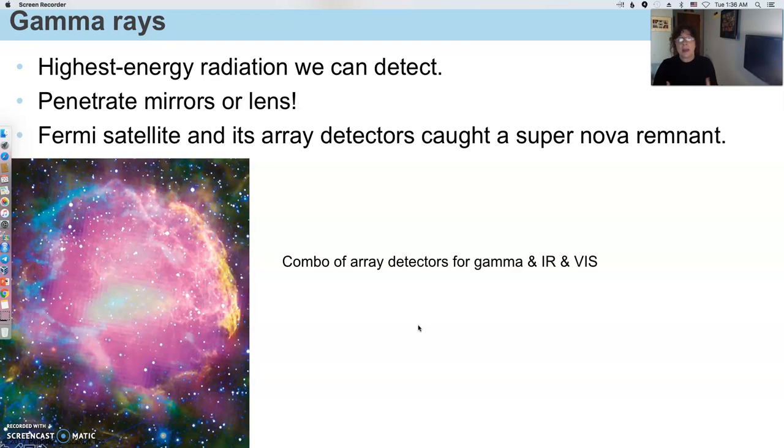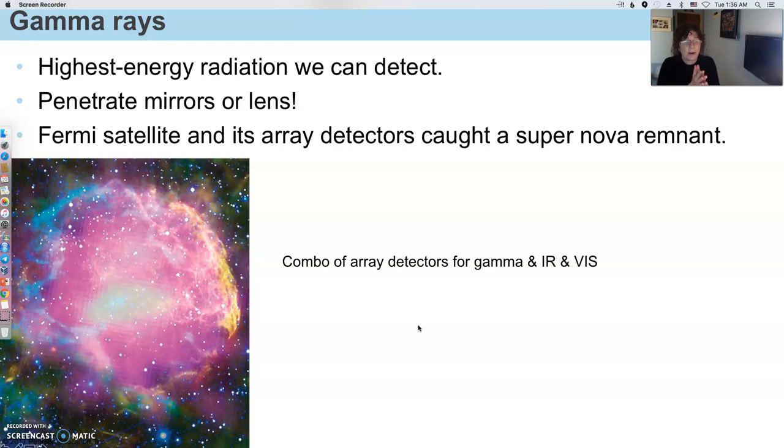You know that these are very high frequency waves, very short wavelengths, and the highest energy radiation that we can detect. Maybe there's higher, we don't know at this point, and they penetrate mirrors and lenses. They have so much energy, they just burn right through them.